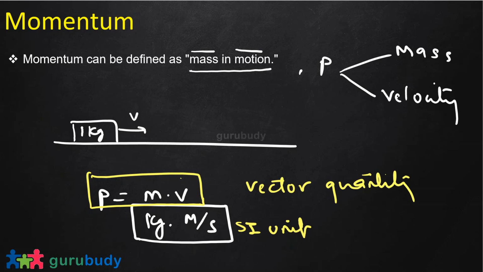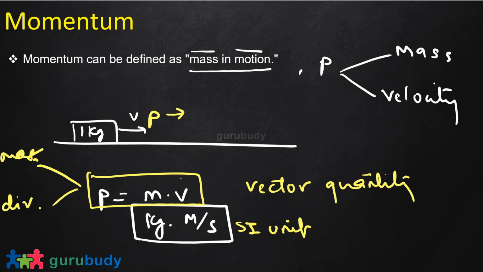And we all know what that means. Vector quantity means momentum needs both magnitude and direction. So when we say this object moving with velocity v has a momentum p, we have to say the momentum direction is in this direction.